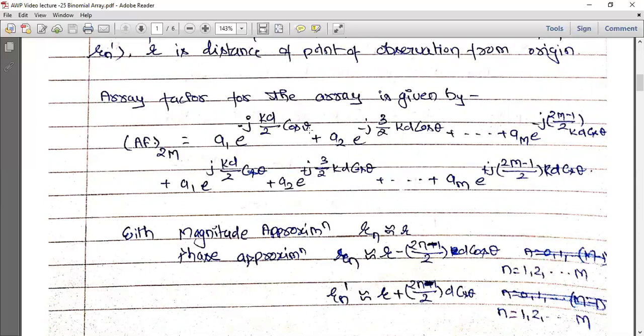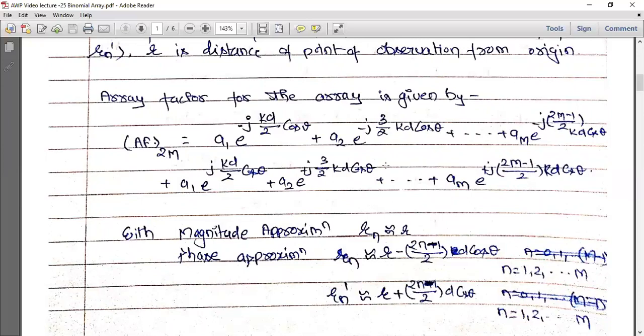This portion of the array factor is for all elements on the positive z-axis. Since their position is positive, the phase portion is negative, because there is the summation a_n e to the power minus jk z_n cos theta. So if z_n is positive, the phase expression is negative, and if z_n is negative, the phase term is positive.